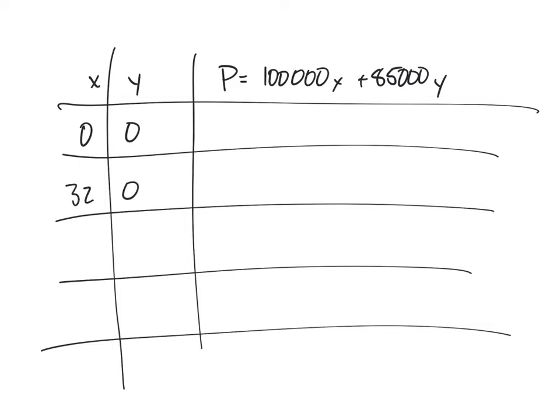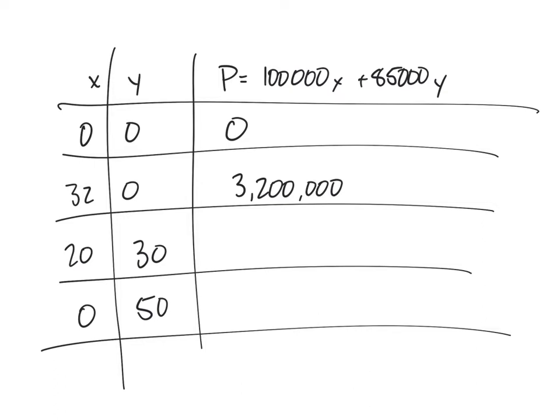We had 20, 30. And then we had 0, 50. So I'm just going to put those numbers in. I'm going to get 0 for this one, so that's not so good. I'm going to get 3,200,000 for that one. For the next one, I'm going to put my 20 in and my 30 in.